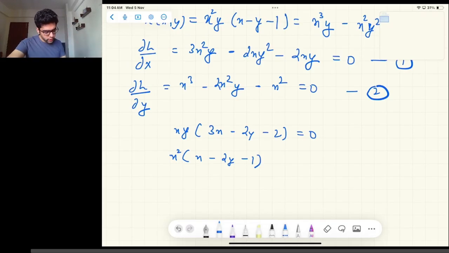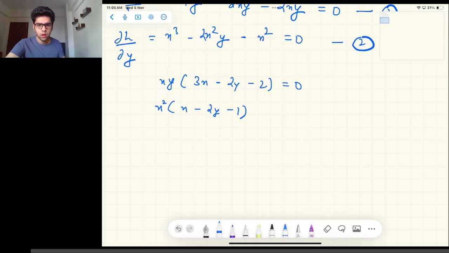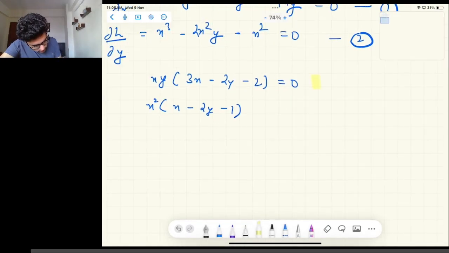So after taking x squared common, I will be left with x minus 2y minus 1. Now I'll just solve these two equations, equation 3 and equation 4.